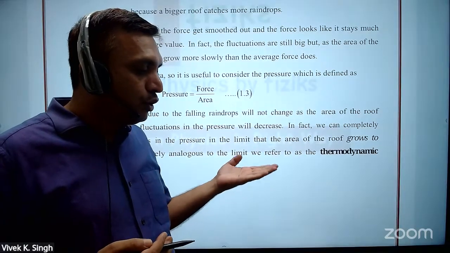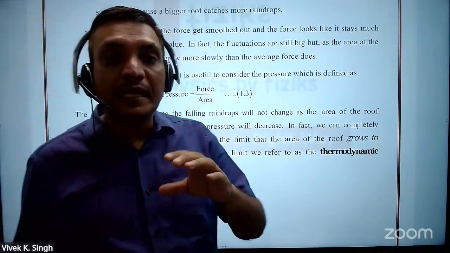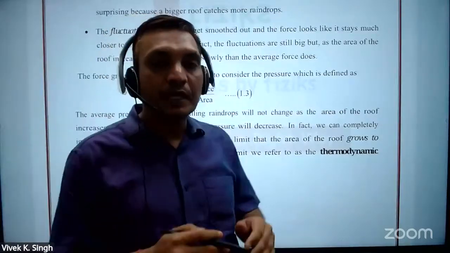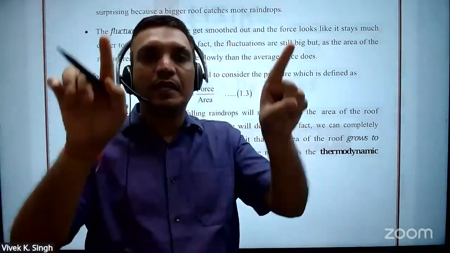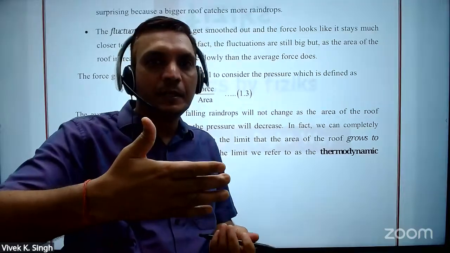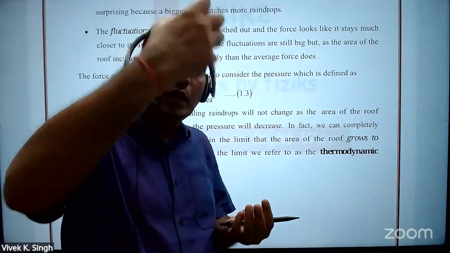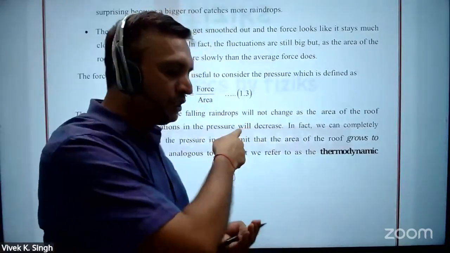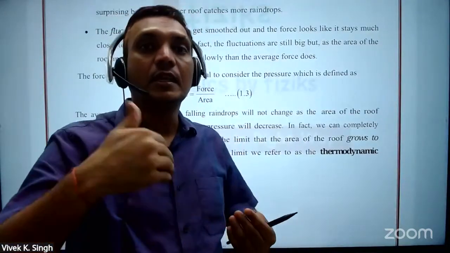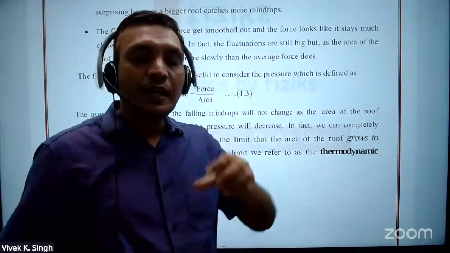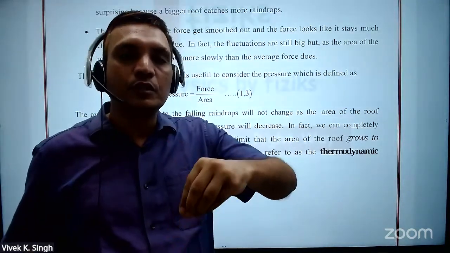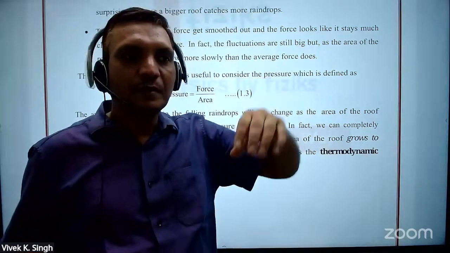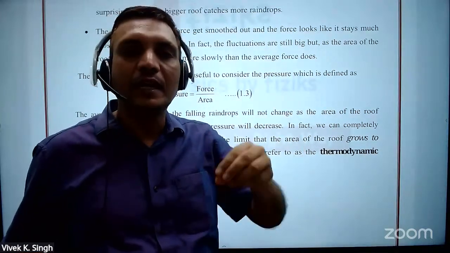Now I am taking analogy with this example, but our case is what? Area of the container on one side is fixed, but if number of molecules is increasing, and in the limit if molecules tend to infinity, you have a similar effect. So that is the thermodynamic limit. In our case, if you take number of molecules tends to infinity, it means very large, not infinity, it's very large.